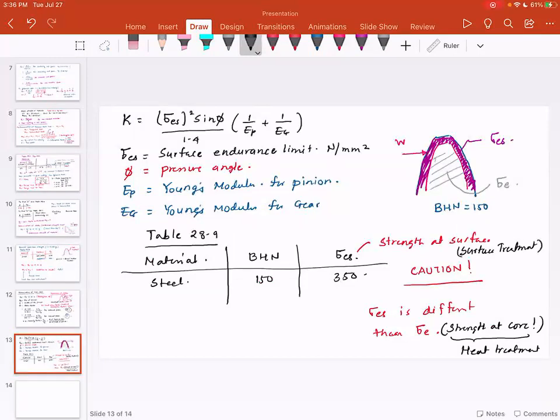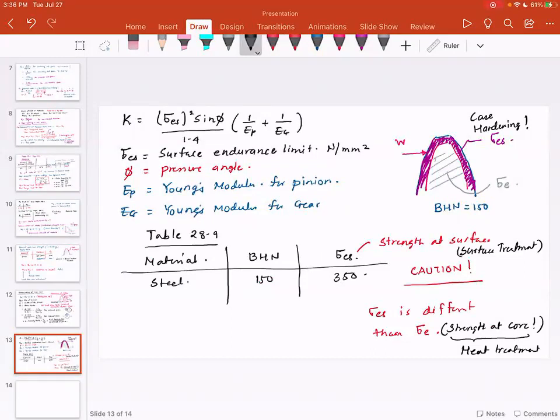So what you can do is you can temper the surface. You can do a process like shot peening, where you take sort of hard balls and impinge them on the surface, or some sort of case hardening, and increase the surface endurance strength, and that would increase the value of sigma ES.